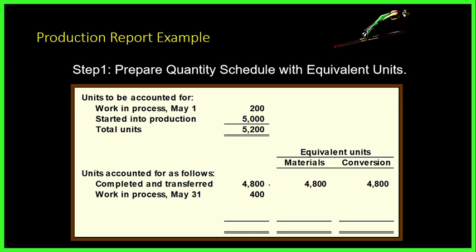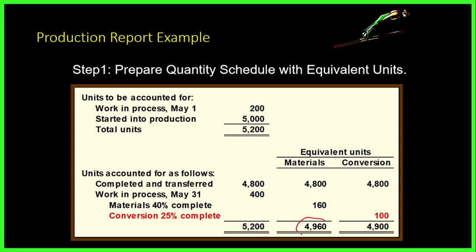And then, you add the percentage of completion of the ending inventory, which is 400, 40% for materials, 25% for conversion, and you now have the following cost. This is now your equivalent unit of production.